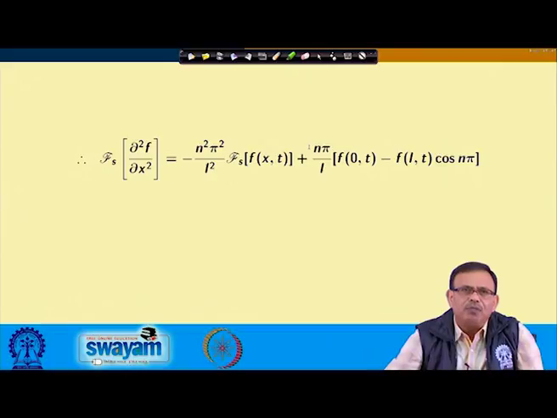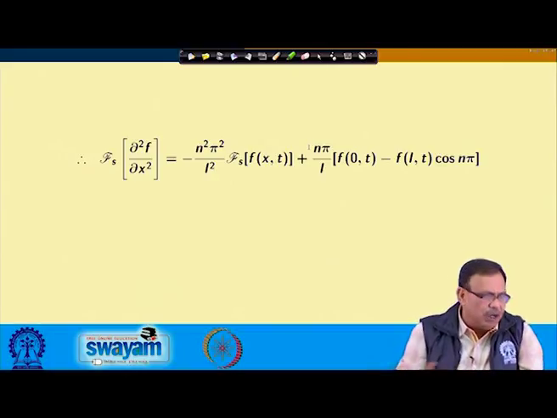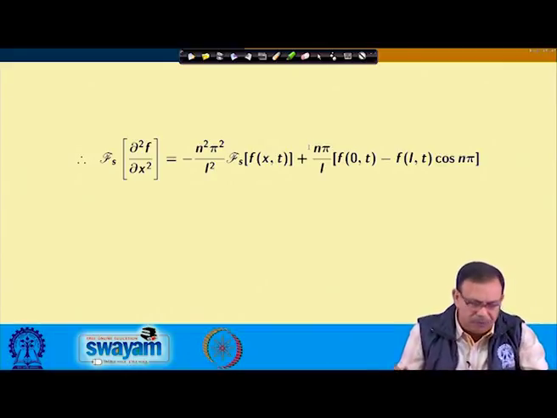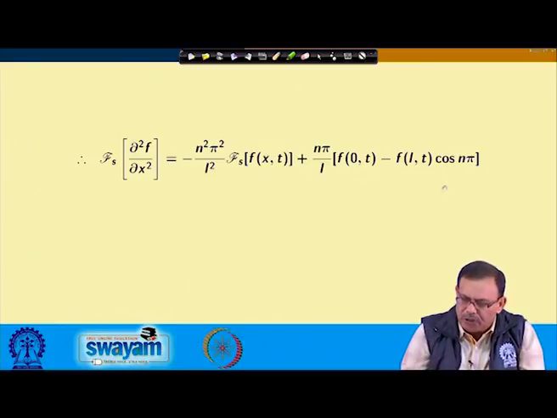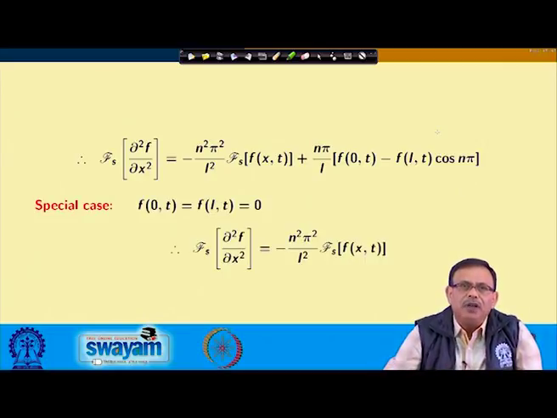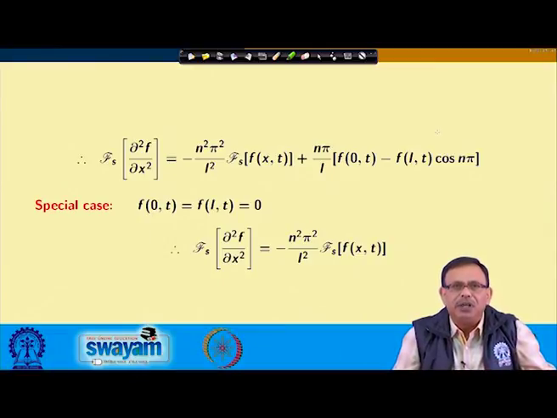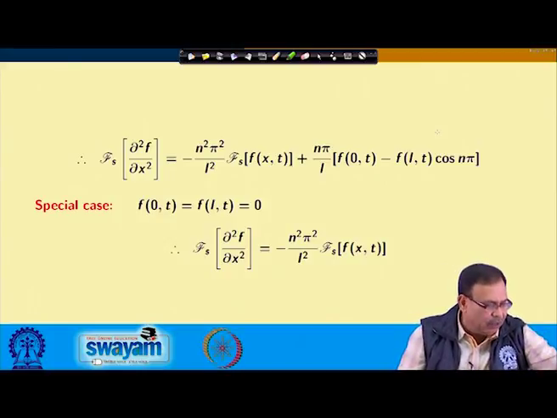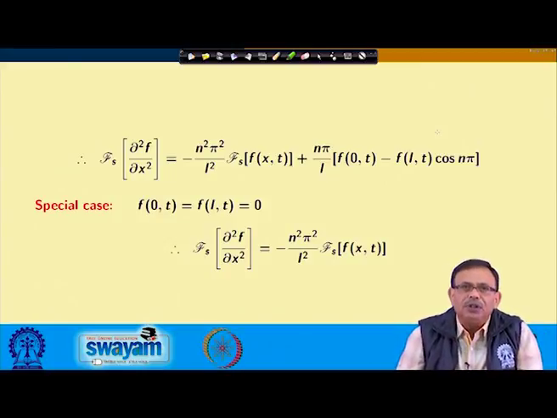In the same way you get the Fourier sine transform of del square f by del x square equals this. As a special case, if I consider f of 0 t equals f of L t equals 0, that is, at the point x equals 0 and at x equals L the value of the function is 0.